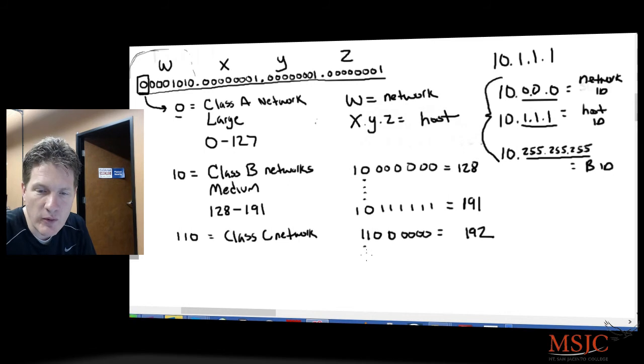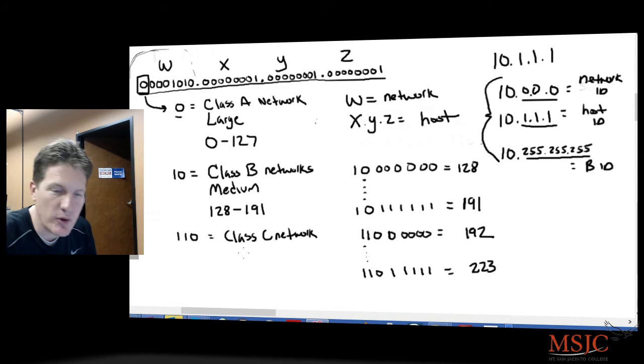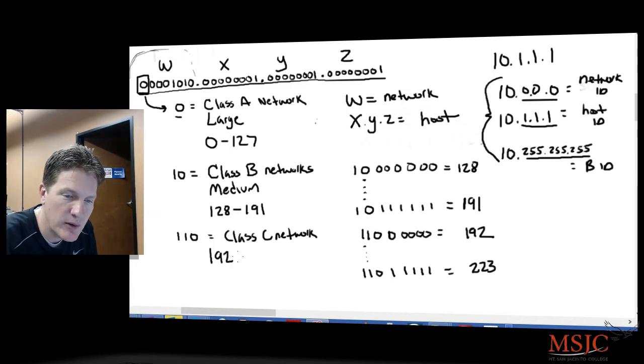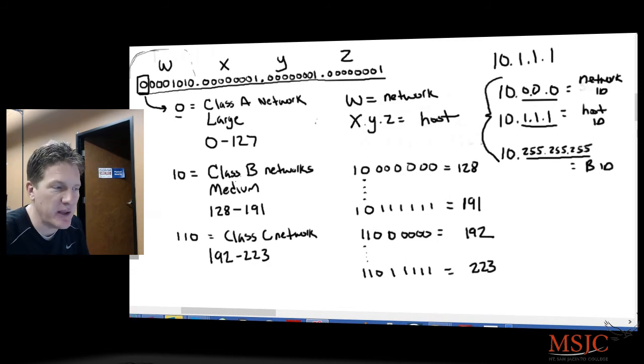And then everything in between, 110 with everything else set to ones, that would be 223. So Class C was 192 through 223. So that's how they figured out Class A, Class B, and Class C networks. All right, so that's how the classful addressing scheme worked out.